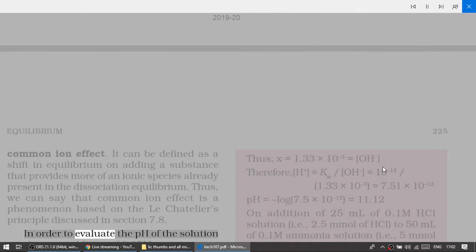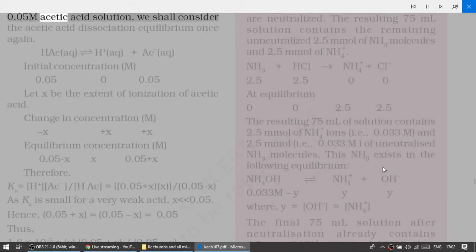In order to evaluate the pH of the solution resulting on addition of 0.05 M acetate ion to 0.05 M acetic acid solution, we shall consider the acetic acid dissociation equilibrium once again: HAc ⇌ H+ + Ac-.